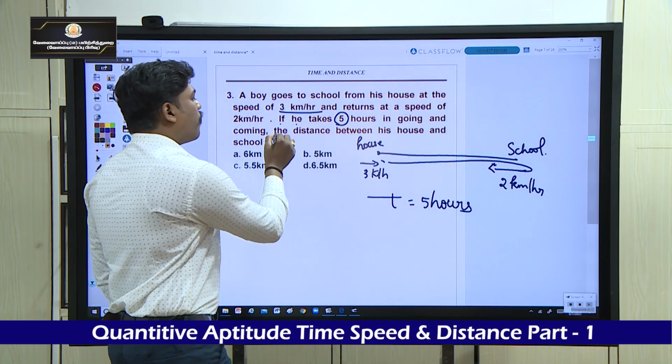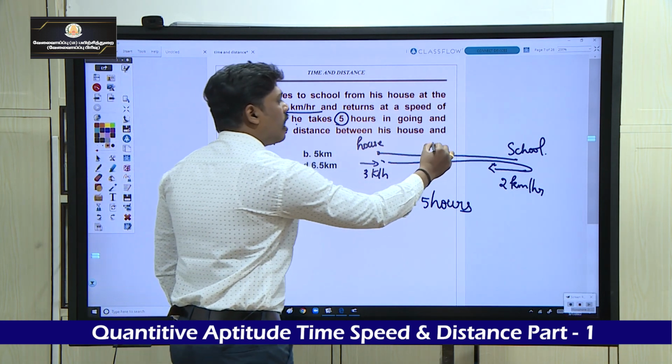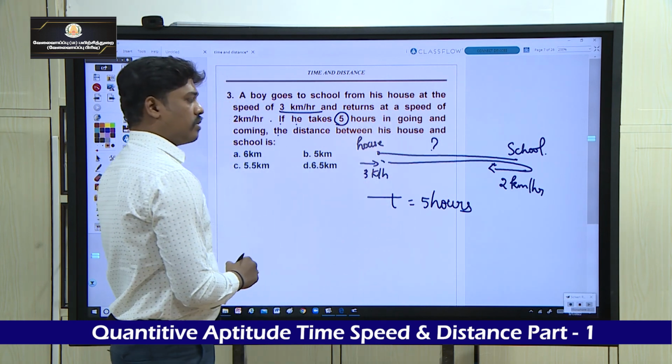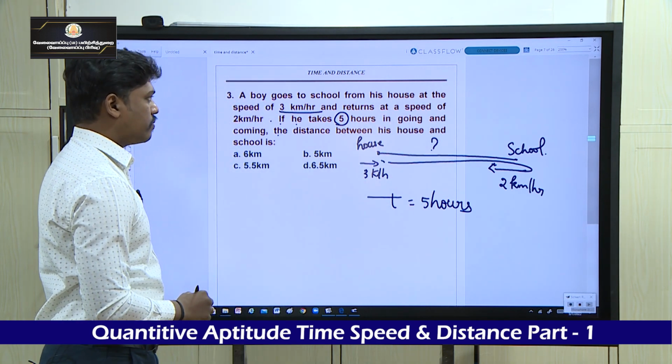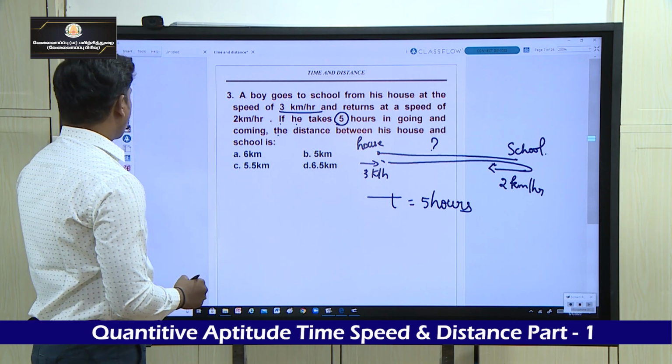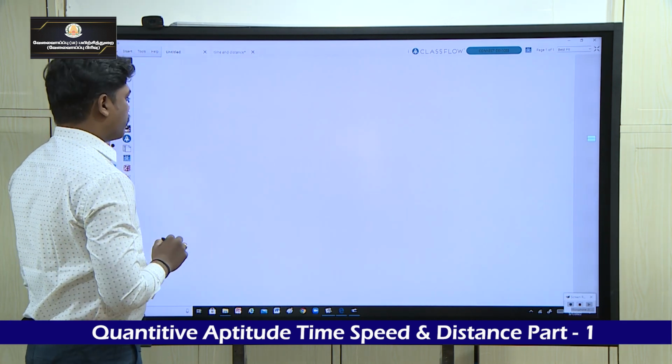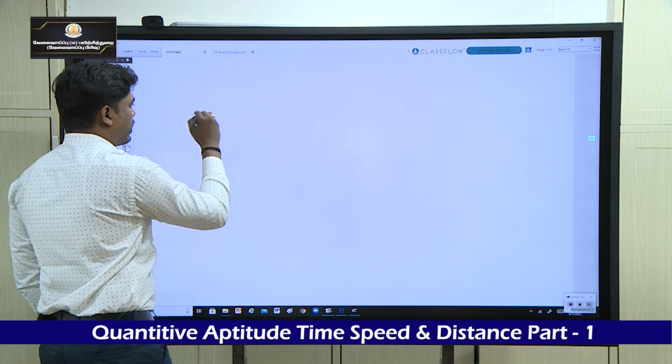So what is the distance between the house and school? That is your question. Just look here, there is a concept based on that.